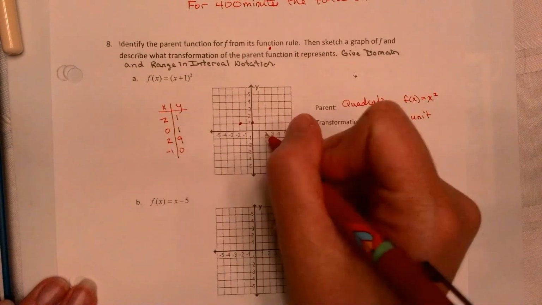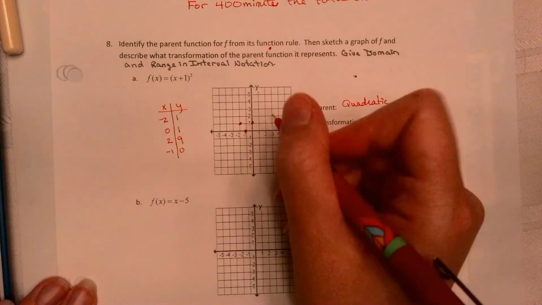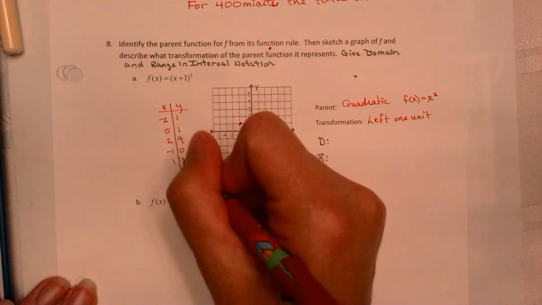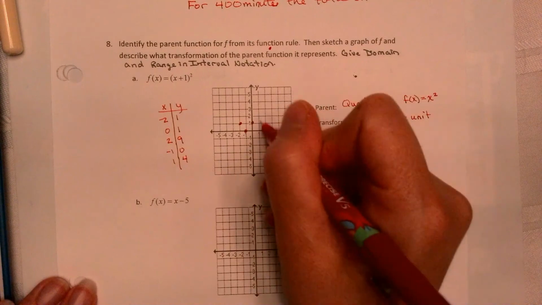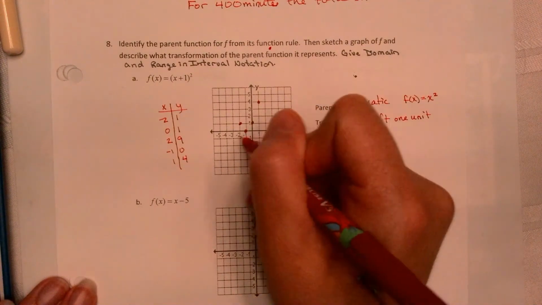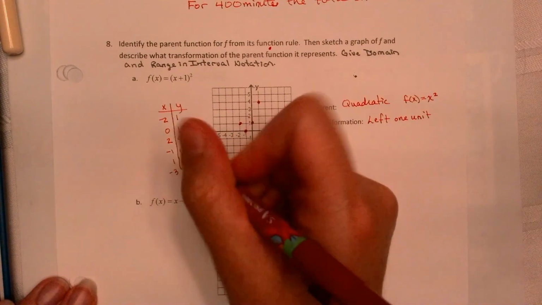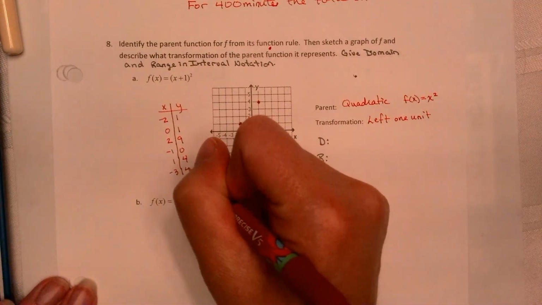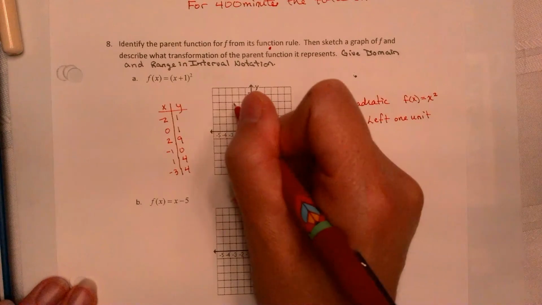Okay, so I get -1, 0. If I put +1 in, 1 plus 1 is 2. I square that, I get 4. So 1, 4. And if I put -3 in, that's also a negative, but it's 2. Squared gets me 4. So -3, 4.